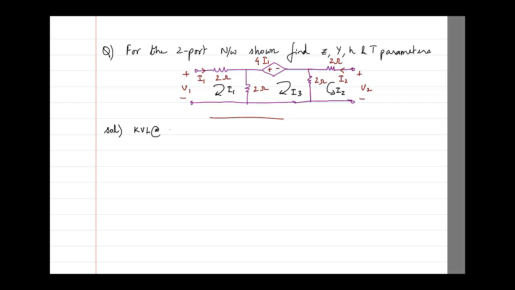Therefore KVL at mesh 1. So this is going to be plus minus plus minus.